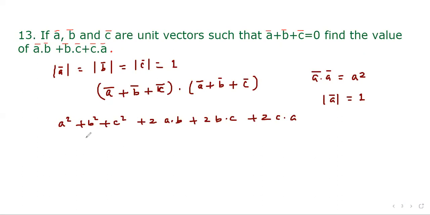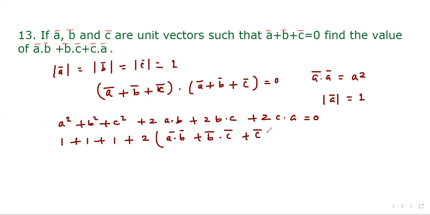Now, here A square, B square, C square, all three are 1 because they are unit vectors. 1 plus 1 plus 1 plus 2 times. And we are given the product A plus B plus C equal to 0. So dot product will also give 0. So here we can write 0. So twice of A dot B vector plus B dot C vector plus C dot A vector must be 0.